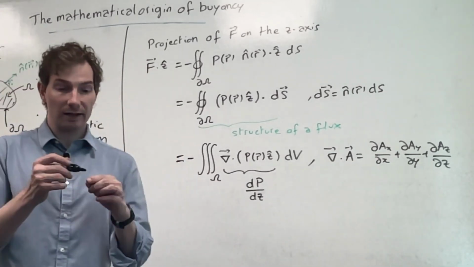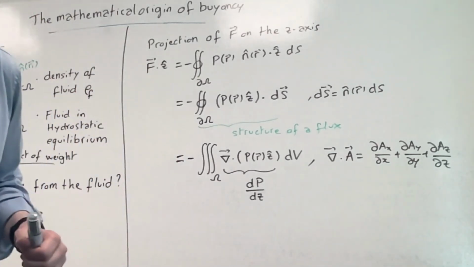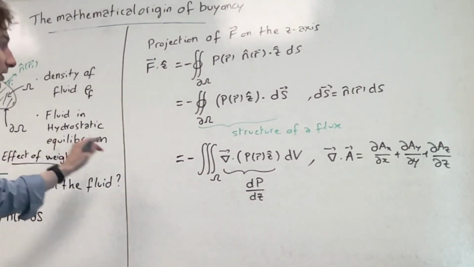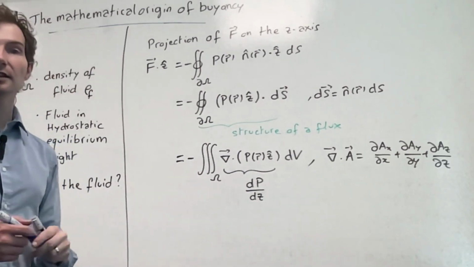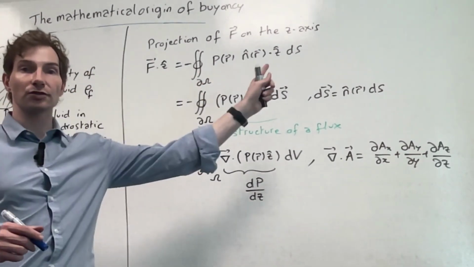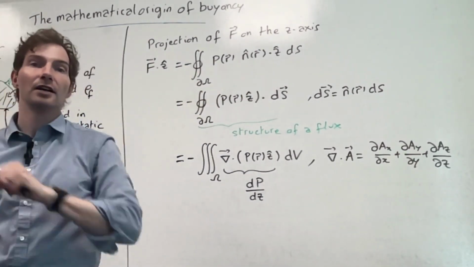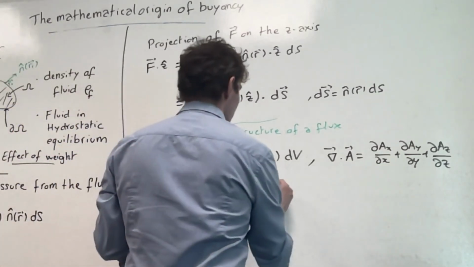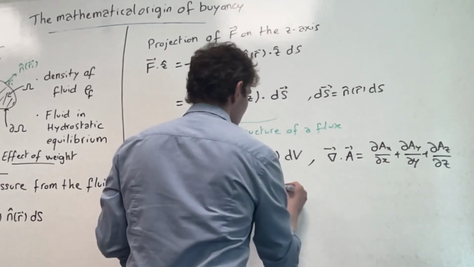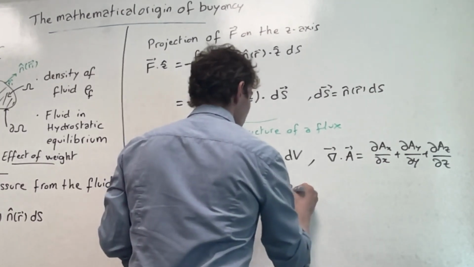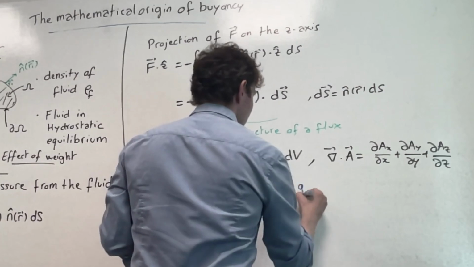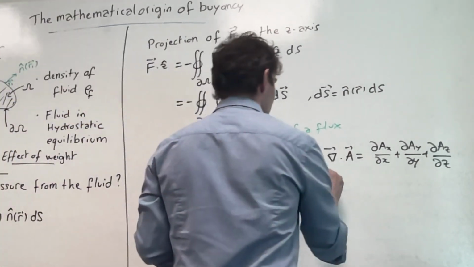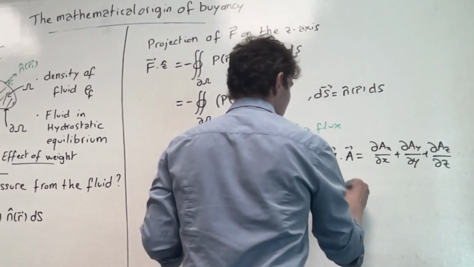And that's where I'm now using my knowledge of hydrostatics, because we had found dp/dz in the previous video. I'm going to put a link to this video. We had found that dp/dz was equal to minus rho f times g. So here this comes from hydrostatics.